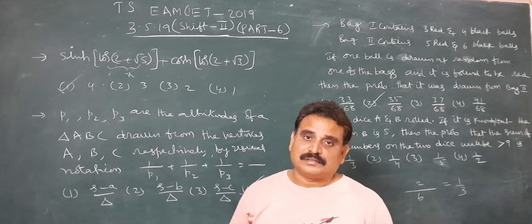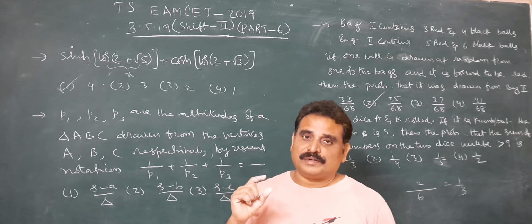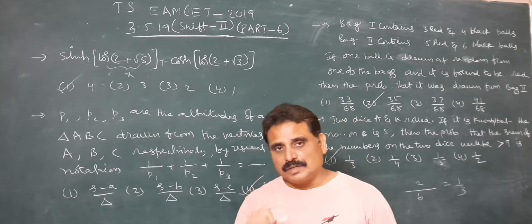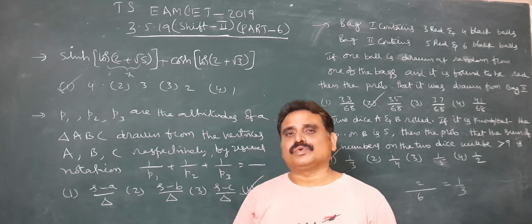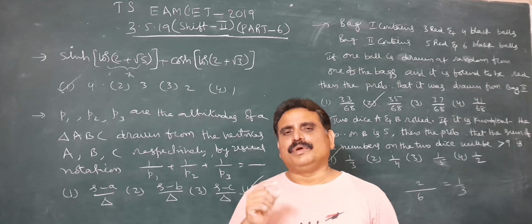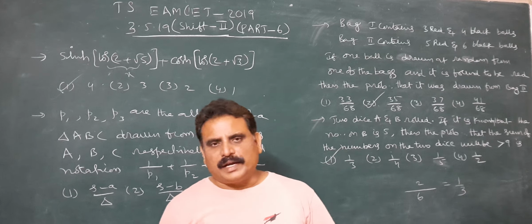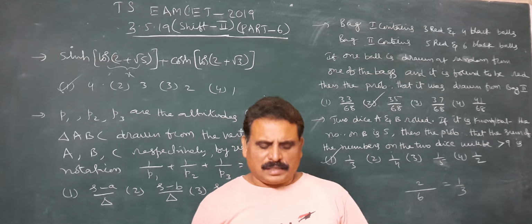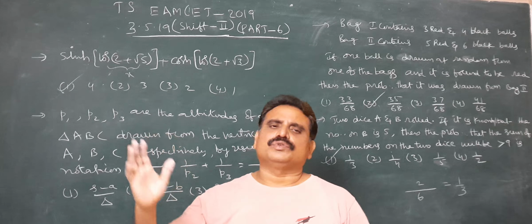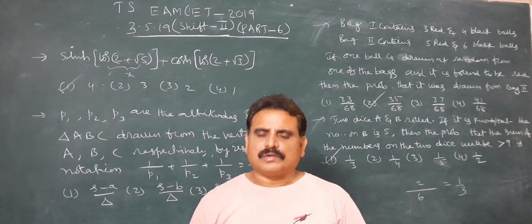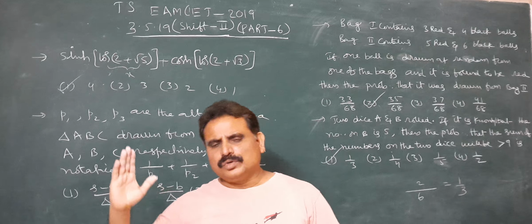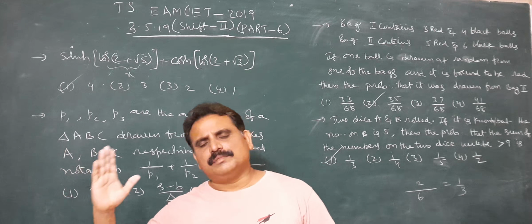67 marks. My dear students, a very limited score, 67. But most of the students are not able to score even 67 because of tension, and because they concentrate on unnecessary questions that take 5 minutes' time.